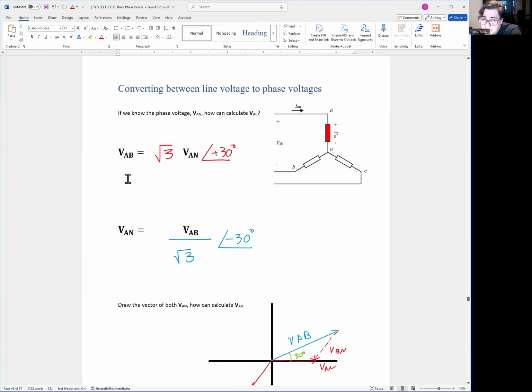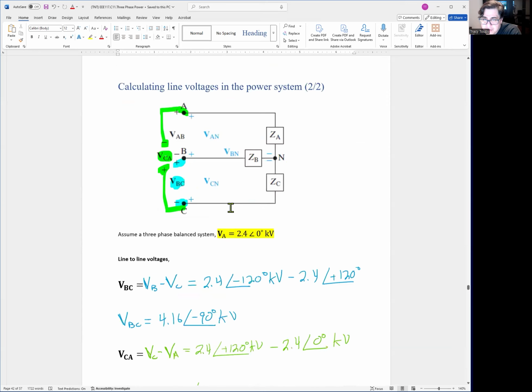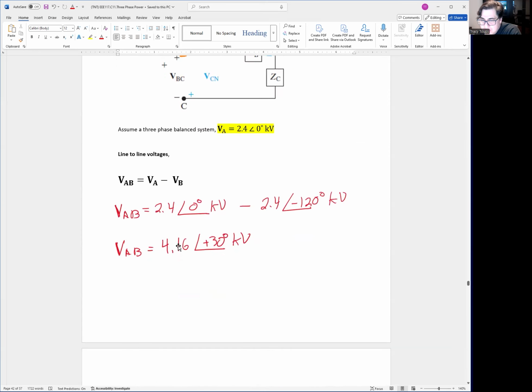Because if you look at the math on the previous page, the only difference between these two is that VAB is square root 3 bigger than VAN, and you're always adding a 30-degree phase shift. If you number crunch this, 4.16 is square root 3 times higher than 2.4, and the phase shift is only a 30-degree difference.